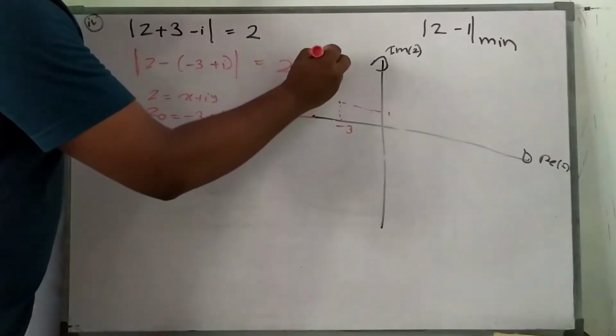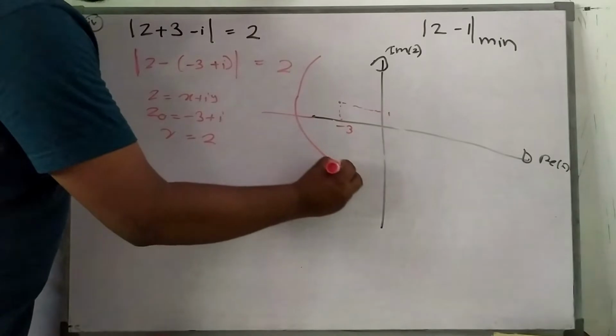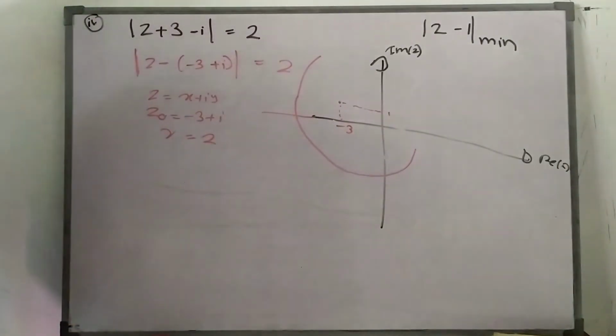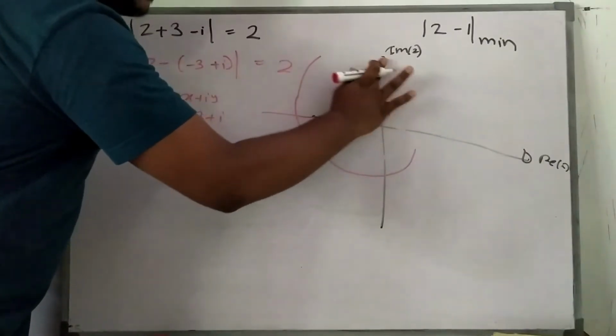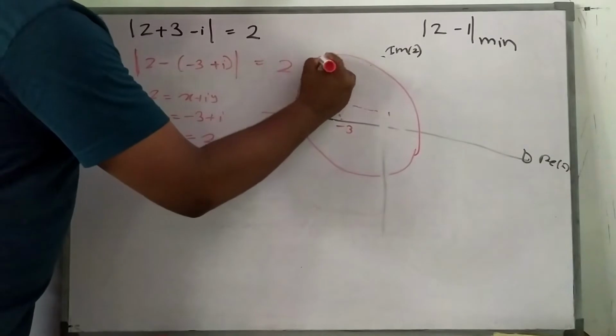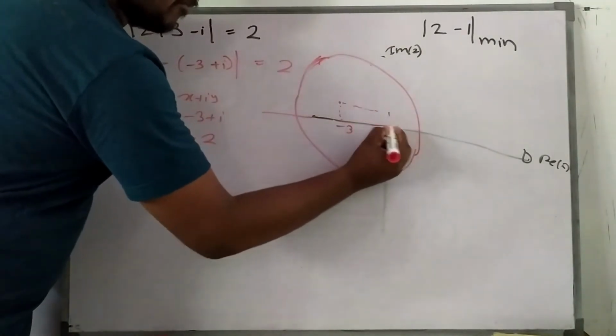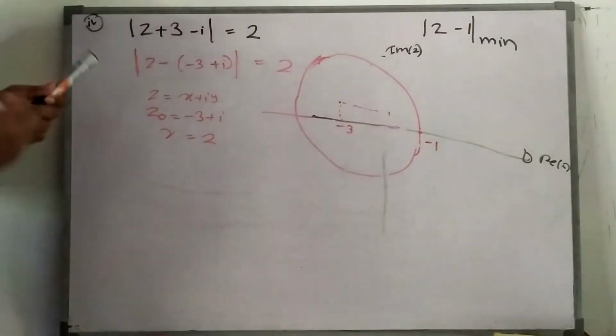So the radius is 2, right? Obviously this is minus 3, no? Then it is minus 1.